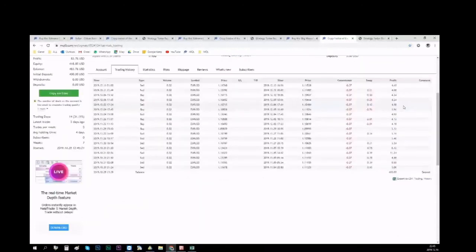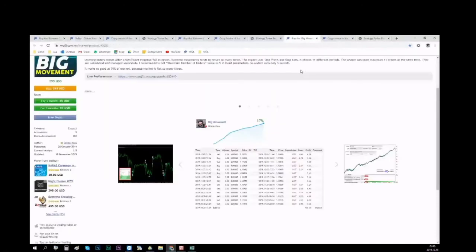For example, in this statistic, in the trading history, you can see how this trading works. So, do you have any question about the entry time? Okay.